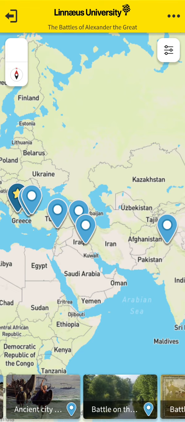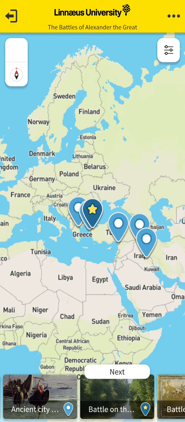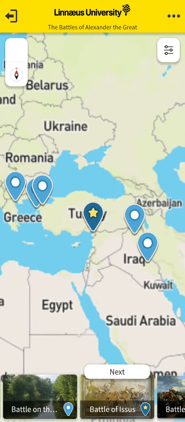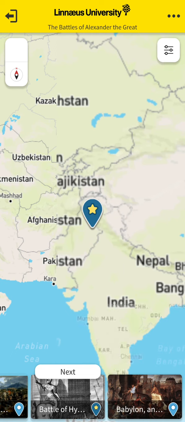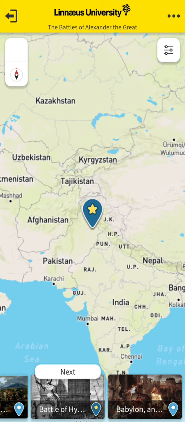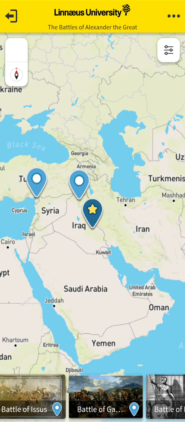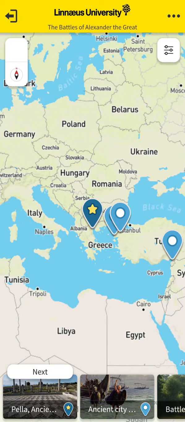Next is the ancient city of Troy, where the journey of Alexander would begin, and then the battle of the Granicus River, then the battle of Issus in Turkey, and then the battle of Gaugamela in Iraq, then the battle on river Hydaspes, which is in Pakistan, and finally the last stop is Alexander's journey in Babylon.